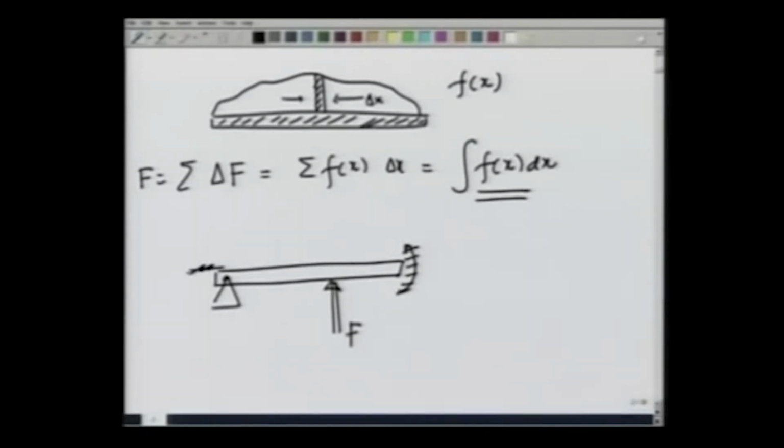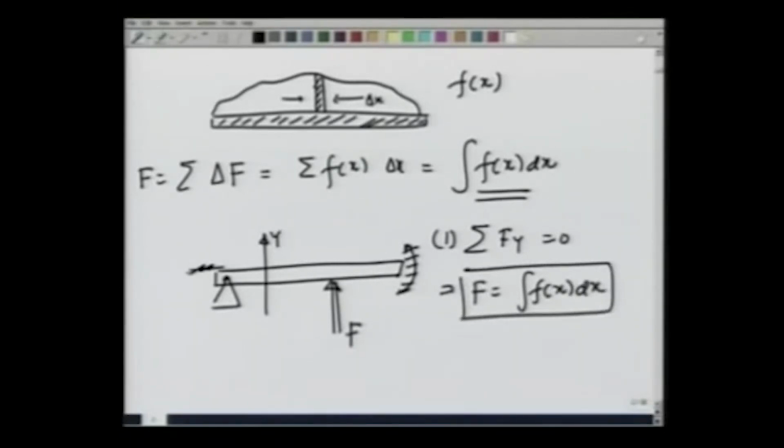To do that, one, we require that summation f y, where y is this direction, be 0, and that gives me the net force F should be equal to integration f x dx.